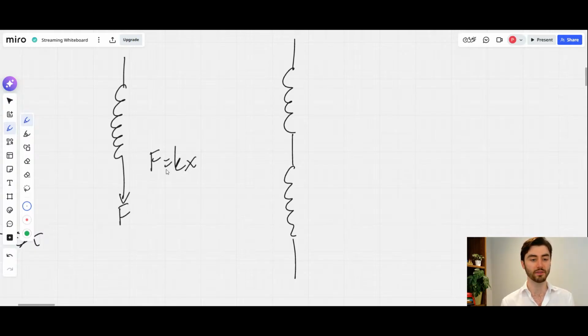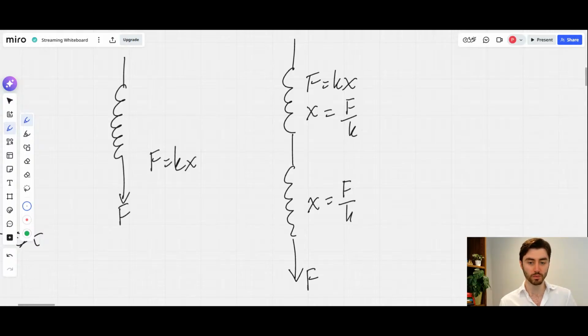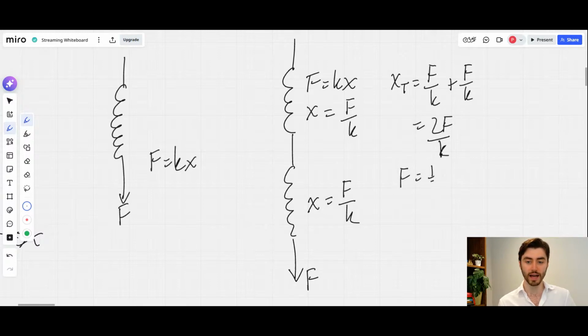So if we apply this force F, then F will equal kx on this spring, which means the extension on this spring will be equal to F over k. And similarly, the extension on this spring will also be F over k. So the total extension will be the sum of the individual extensions, and it would become 2F over k. And if we rearrange this for F, we would get that F is equal to a half kx total.